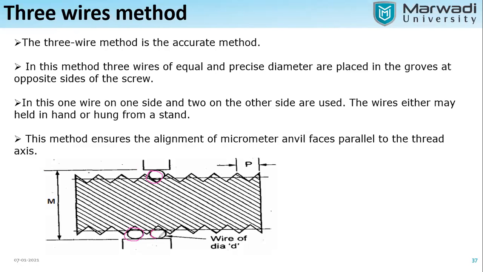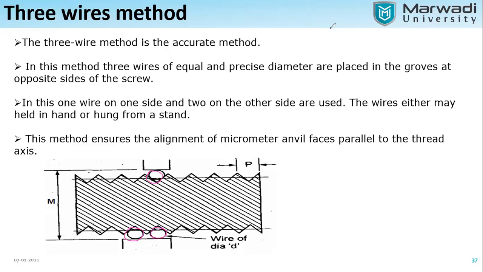It is not necessary that the two wires be kept on the downside. You can use two wires on the upside and one wire on the downside. But the point is, when we use these two wires, we get stability for the measurement, and we will get the proper measurement and an accurate result.